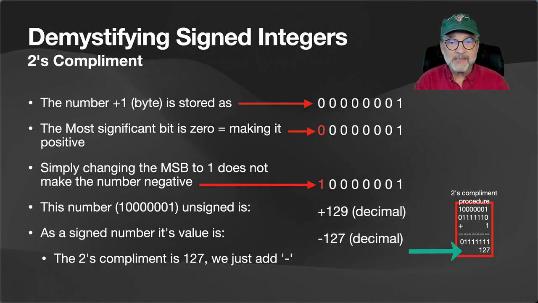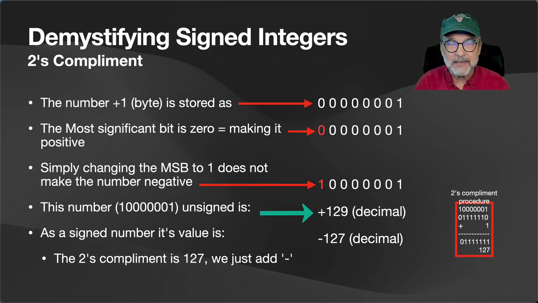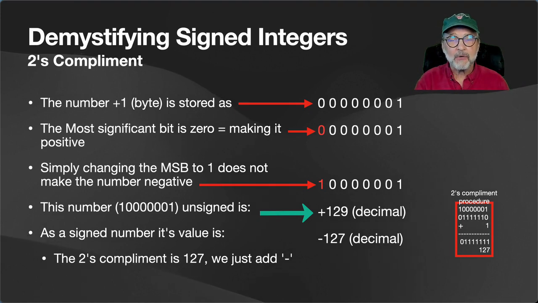So unsigned, it's a positive 129, because the most significant bit doesn't have to be a 0 for it to be positive. It's how you take it. It's how you as the programmer decide that memory or that register should be treated. So if it's not a signed number, you're not going to use that most significant bit as a signed bit. It's going to be used as a value bit.